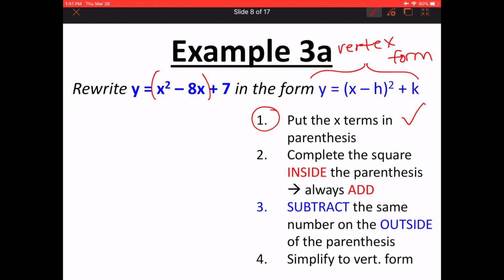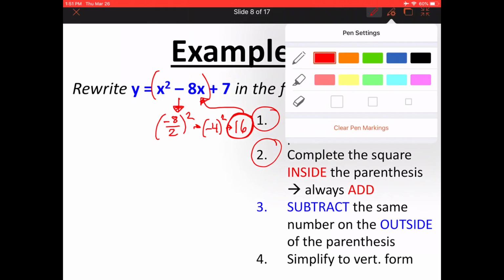For step 2, complete the square inside the parentheses and make sure that we add. To complete the square, I take that b, so I'm going to take negative 8 divided by 2 squared. Negative 8 divided by 2 is negative 4, and negative 4 squared is 16. So what do I do with that 16? I'm going to add it here inside of the parentheses.